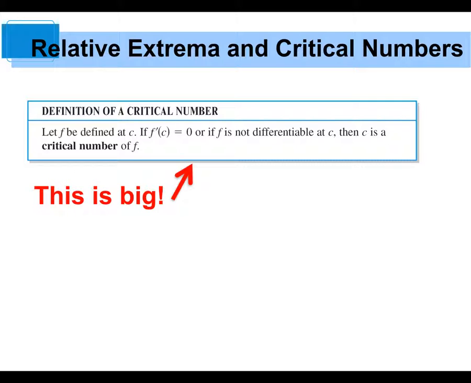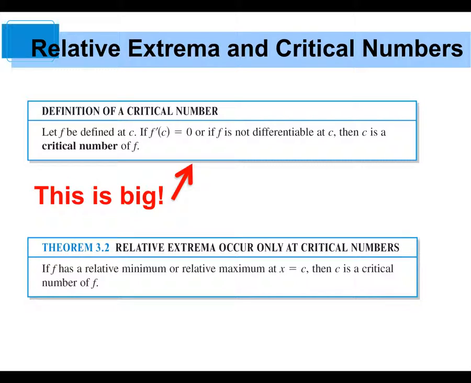And as I said, this is big. If you have a relative max or a relative min, those values must have come from critical numbers. So all relative maxes and mins are critical numbers, but not all critical numbers are maxes and mins.